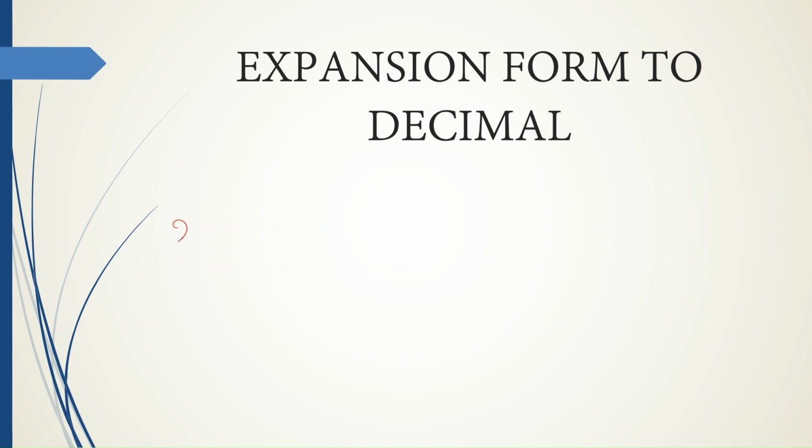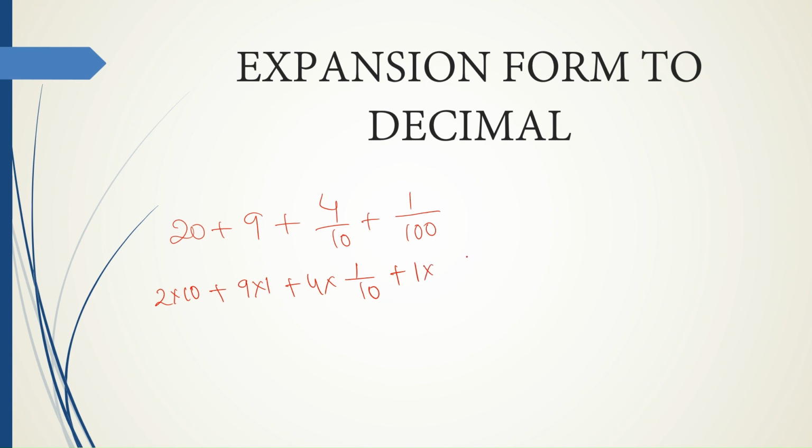Consider this: 20 plus 9 plus 4 upon 10 plus 1 upon 100. So this is nothing but 2 into 10, 9 is 9 into 1, plus 4 into 1 upon 10 plus 1 into 1 upon 100.